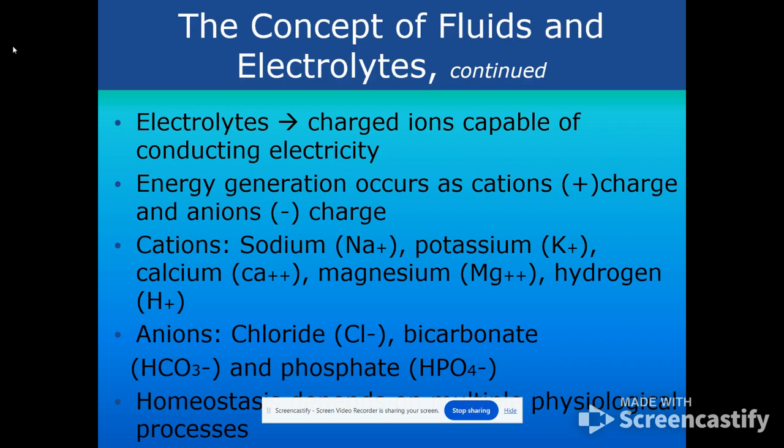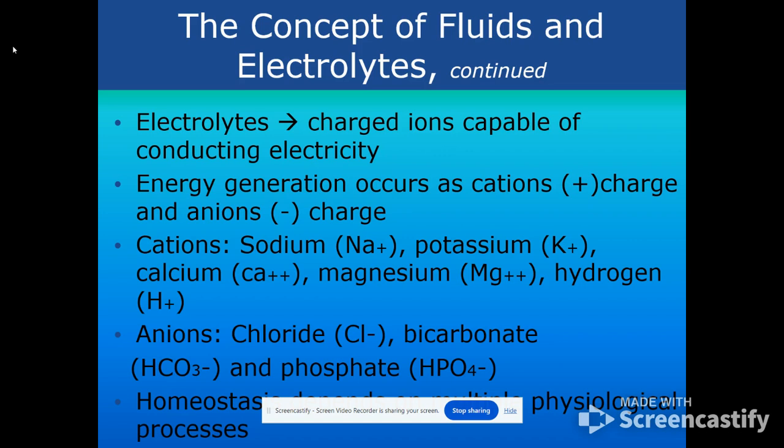Homeostasis is where multiple physiological processes are in balance. That means the fluids within your body and the electrolytes are all copacetic, all in balance. So when you have somebody with an imbalance, it can have massive effects on the patient.